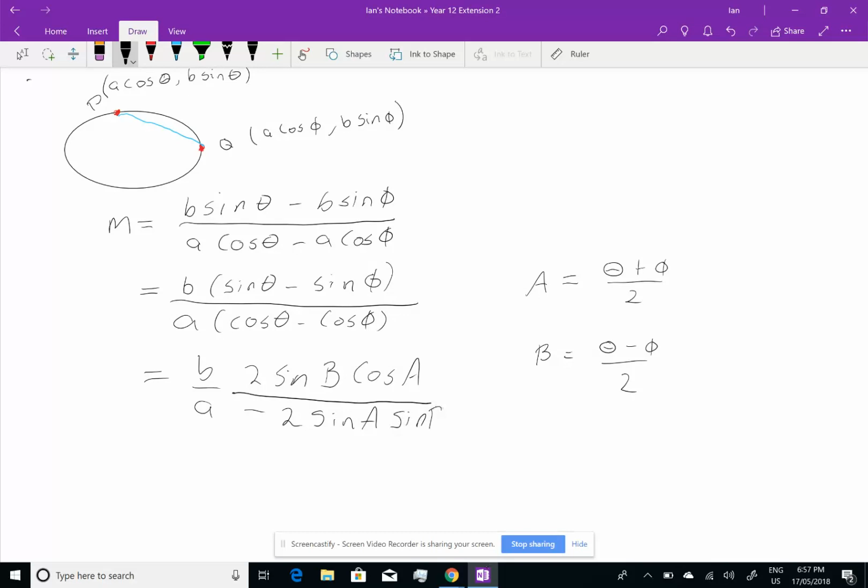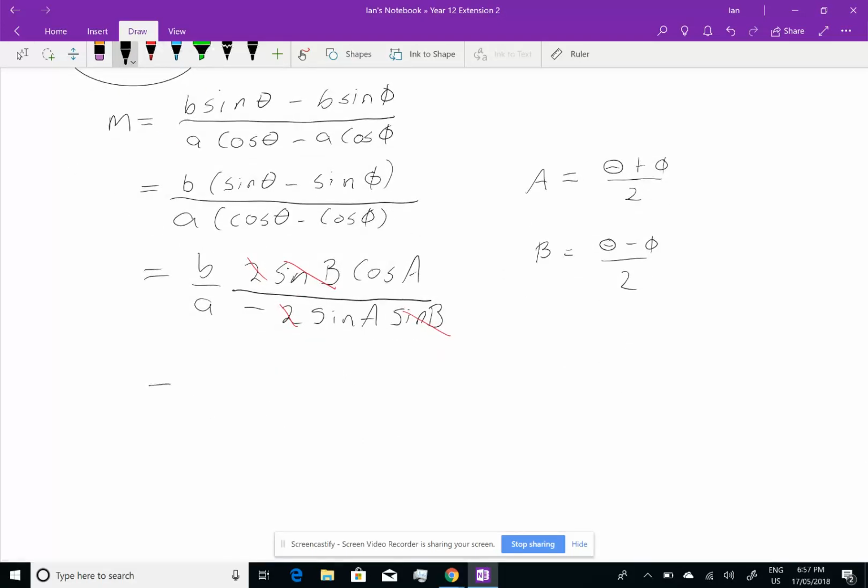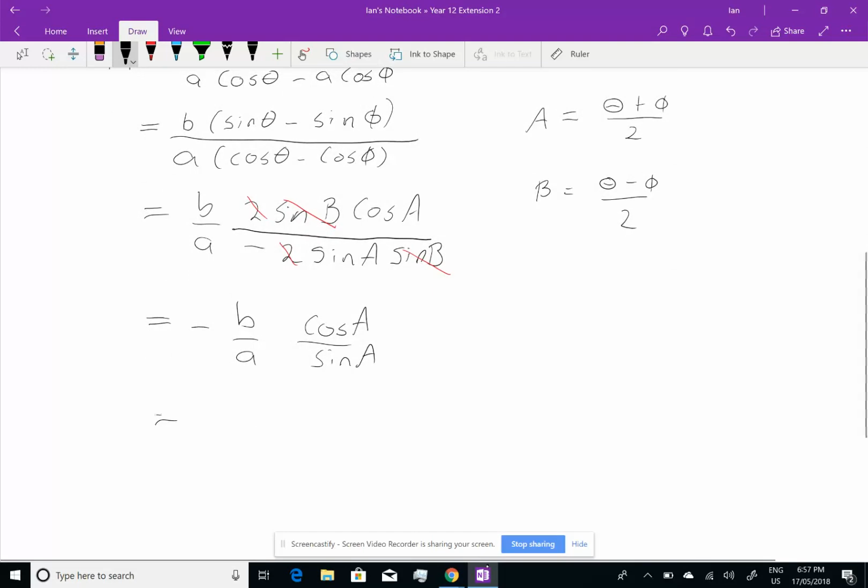I wanted to keep the b in there because it just makes it easier so that when I cancel, the 2 goes. So what do I get? I get minus b on a cos a on sine a, which gives me minus b on a cot a.